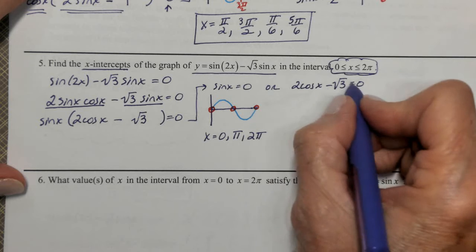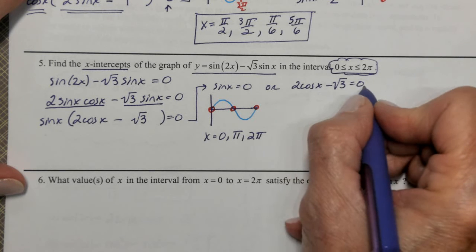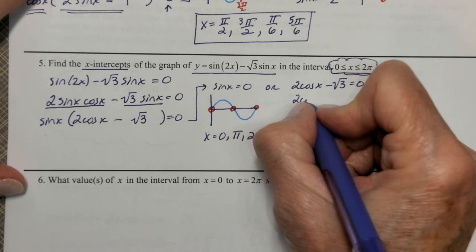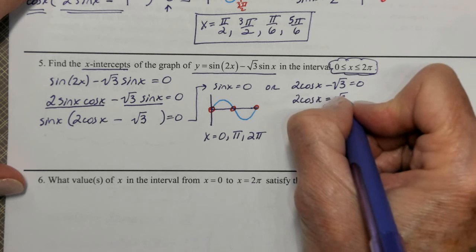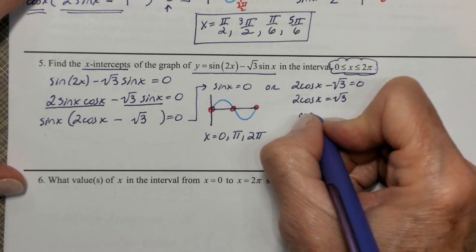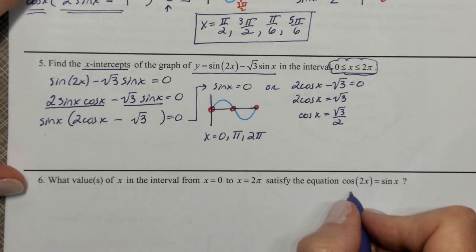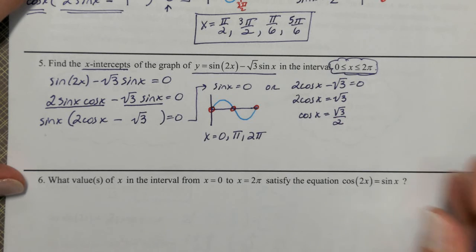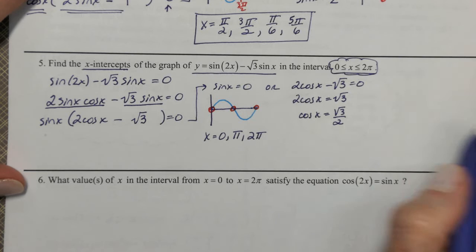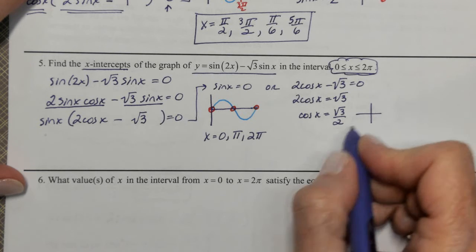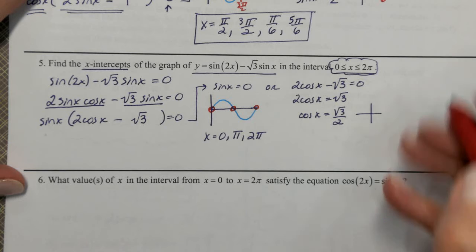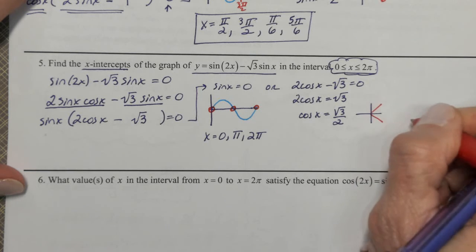Okay? Over here I'm going to do a little algebra. I'm going to add the square root of 3 to the other side, divide both sides by 2, and now I have cosine of x is square root 3 over 2. Quadrant time. Cosine is positive in quadrants 1 and 4.